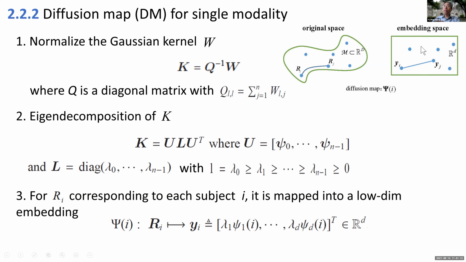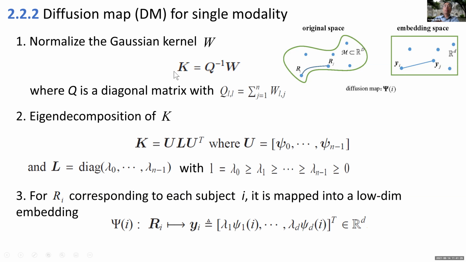So in low-dimensional embedding space, this geometric distance is equivalent to the Euclidean distance. Those are the three procedures to perform the diffusion map.